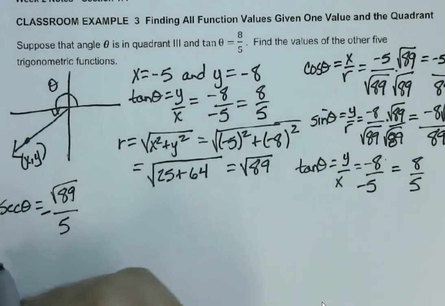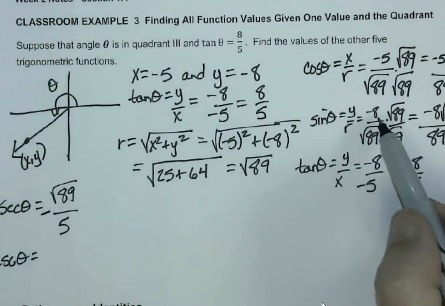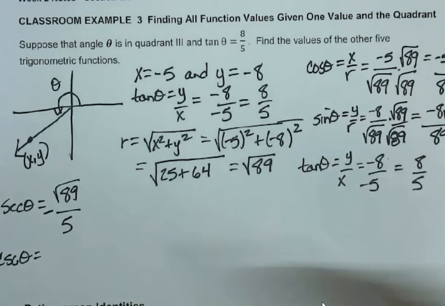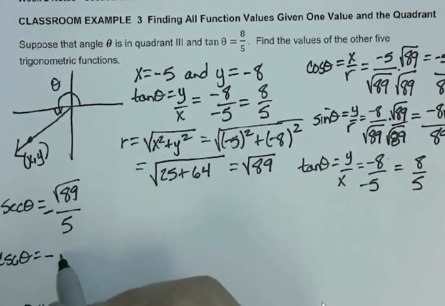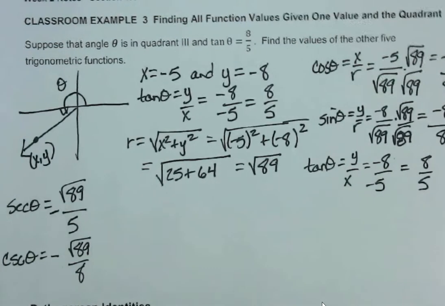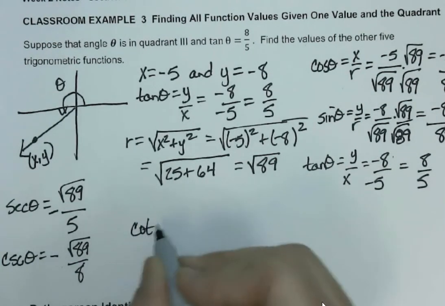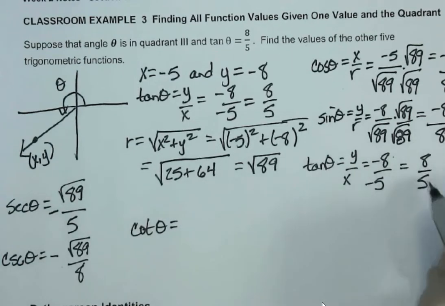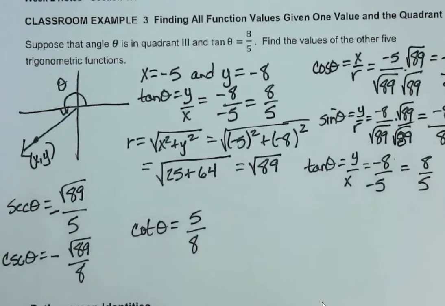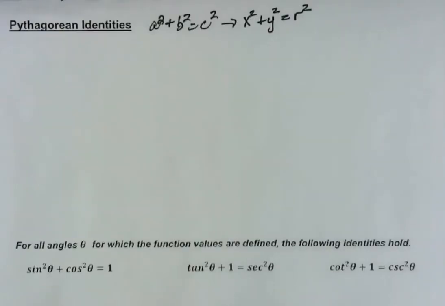For the cosecant, we can do the same thing with our sine value. So we're going to take our original value here and just flip it over. That's going to give us negative square root of 89 over 8. And then for cotangent, we can take our tangent value and flip that over, which gives us 5/8.